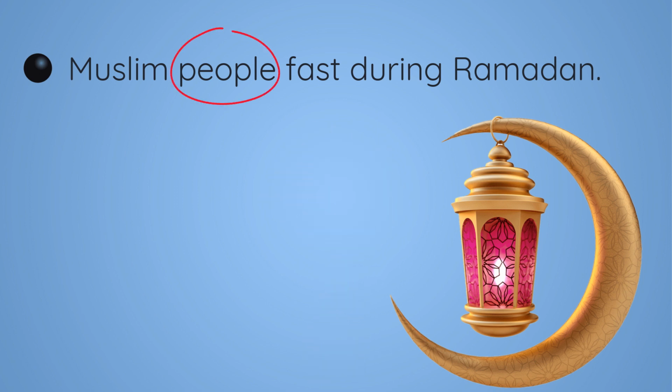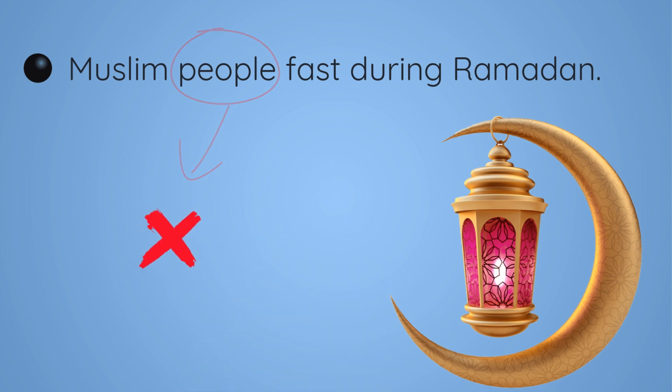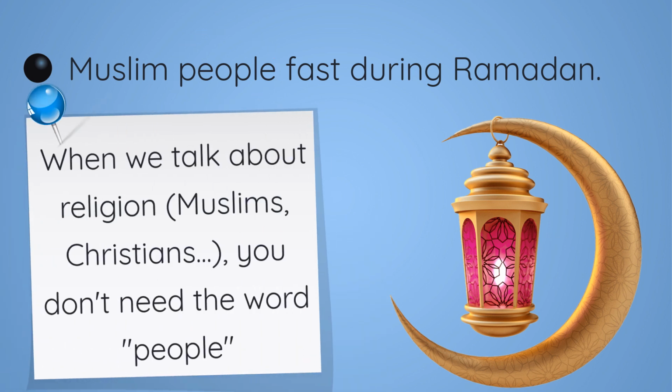If you said, just like other examples, people is the mistake, you're correct. When we talk about religion, and we are talking about Muslims, Christians, Jews, Hindus, you don't need the word people.